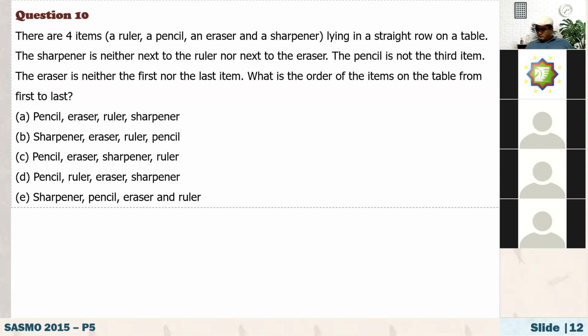I think C. Is it B? Guys, can you write your answer in the chat box?